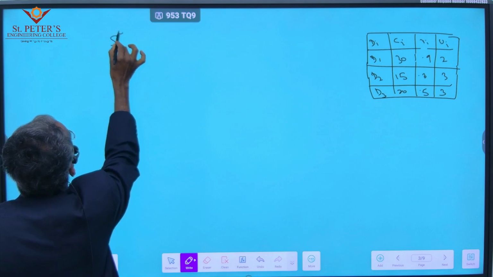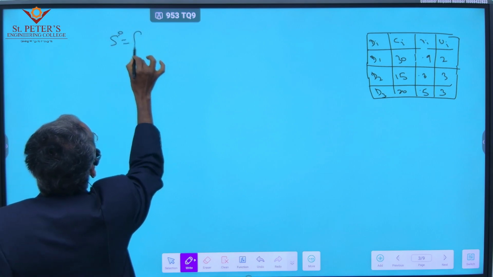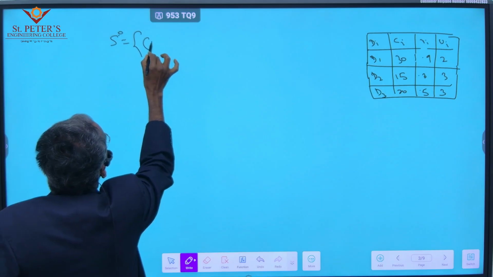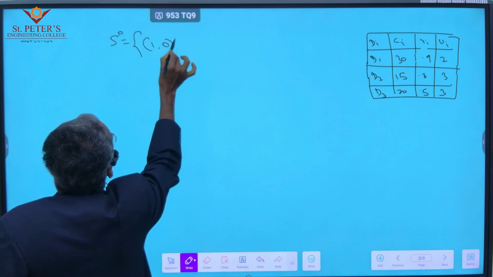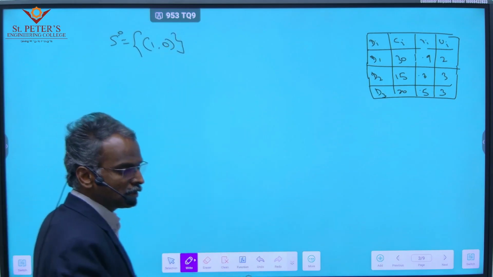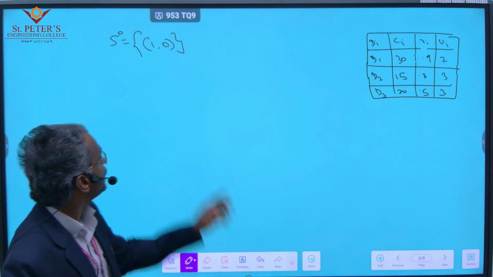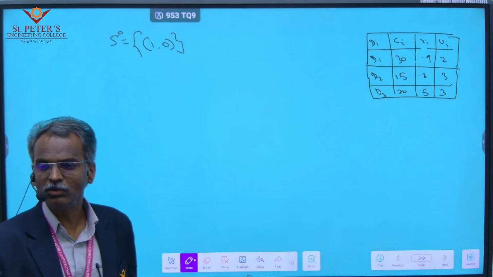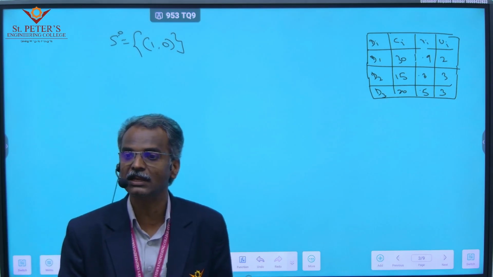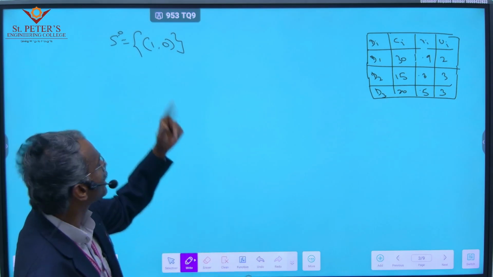S naught is equal to 1 comma 0. Why have we taken this? Because initially we have not spent any amount and have not considered any reliabilities, that's why I kept it as 1 comma 0.